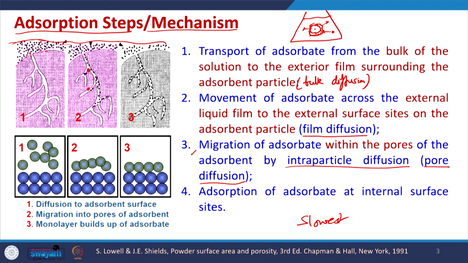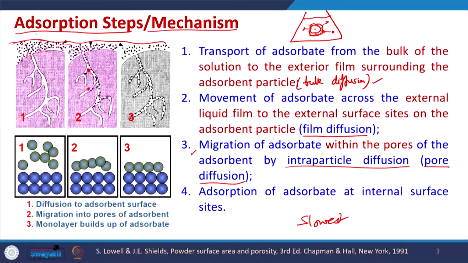If this is possible, we can have a packed bed which can treat more material within the same time. In all those conditions we always want the kinetics to be faster, or the adsorption process to occur very quickly. That means we have to see that these steps, bulk diffusion, film diffusion, pore diffusion, and ultimately the adsorption, occur very quickly.